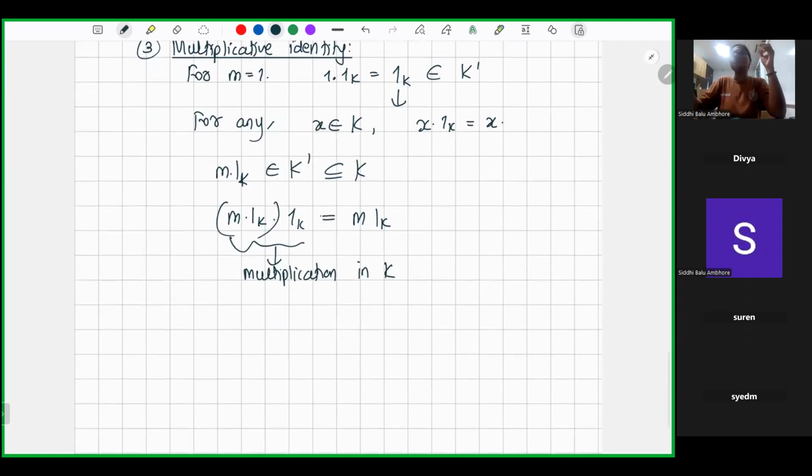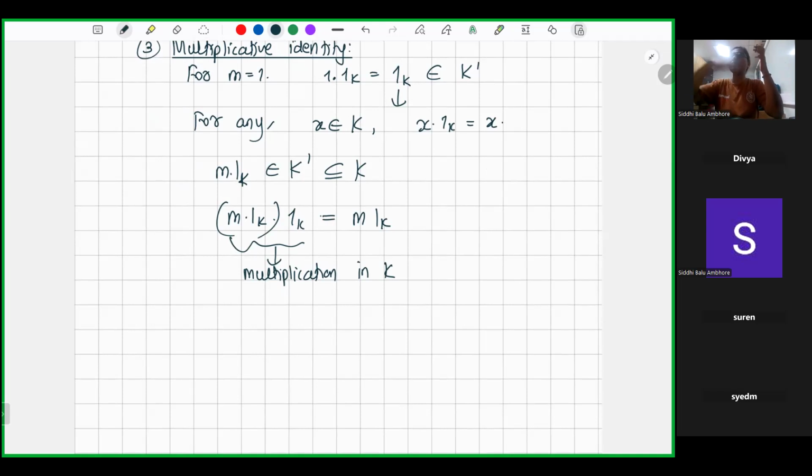So when we say that something is a subfield of my original field k, the addition and multiplication are from the original field, and we need to show that the subfield has an additive identity and multiplicative identity, which are actually the multiplicative and additive identity of my original field. That's how we do it for subspaces as well.